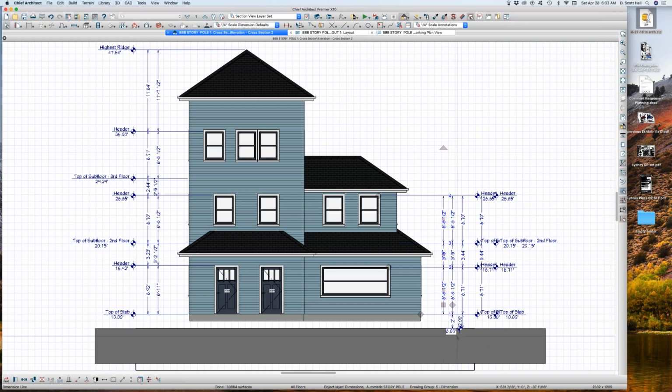Because I manipulated these two dimensions when I did MS again, it gave me an extra dimension on top. I don't like that. I don't think any of us like it. Who likes it? I don't.